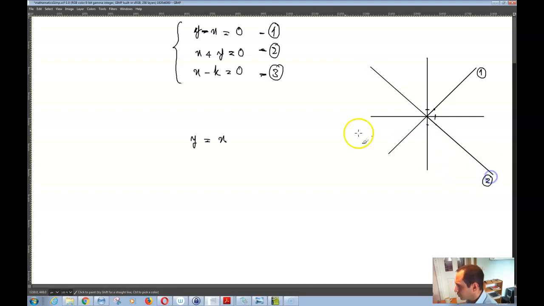This is number 2. And then the line number 3 can change, of course, meaning that k can be 0. If k is 0, then it will be the y-axis, and then you will have no area. If k is positive, it just keeps going along the positive side of the x-axis, and you will have some area over here between these two lines.